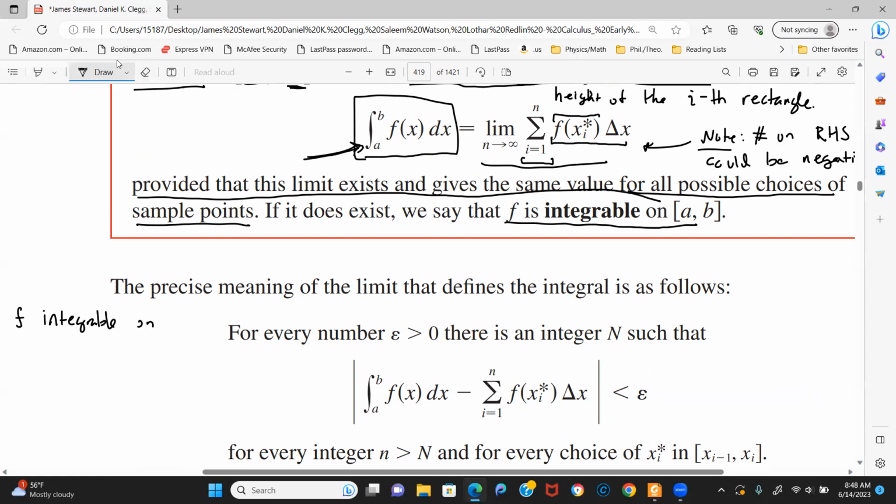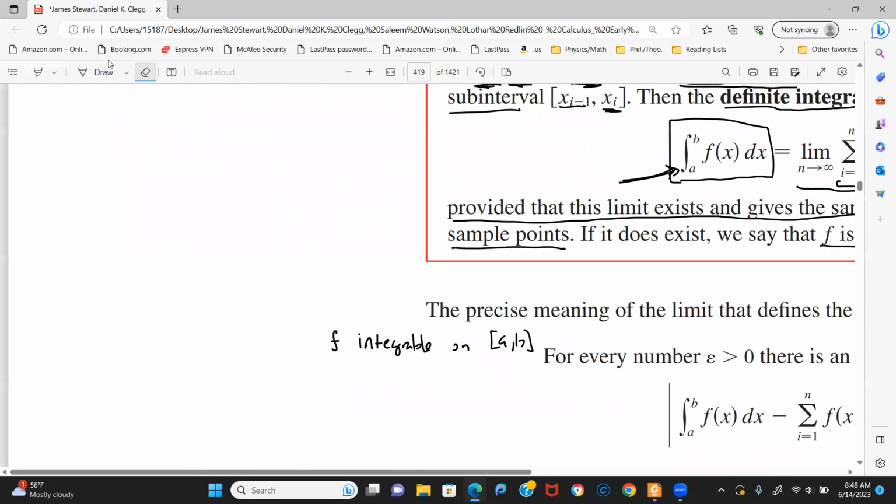So here's another way of phrasing this definition. F is integrable on this if there exists, oops, I need more room actually.